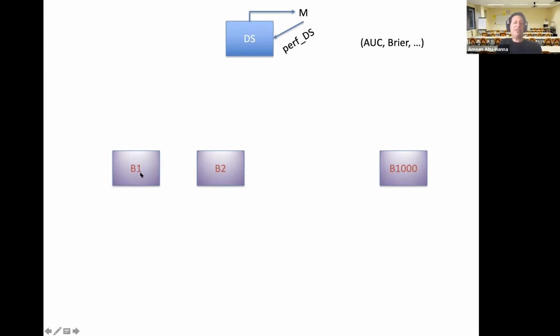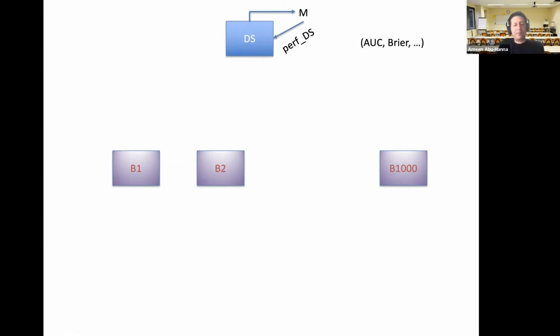But the difference from the original is that some patients will be selected 10 times, some will not be selected at all, some only 3 times, and so forth. So there will be replication. And I do it 1,000 times. All of these look a little bit like the original data set, because every patient in the bootstrap sample is also in the original, but some appear more than once and some not at all.